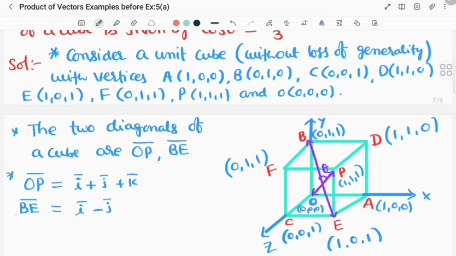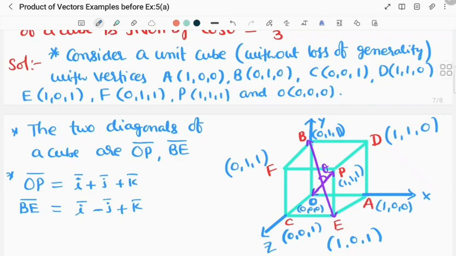E minus B: 1 minus 0, I bar; 0 minus 1, so minus J bar; 1 minus 0, plus K bar. BE means E minus B: 1 minus 0, 0 minus 1, 1 minus 0.